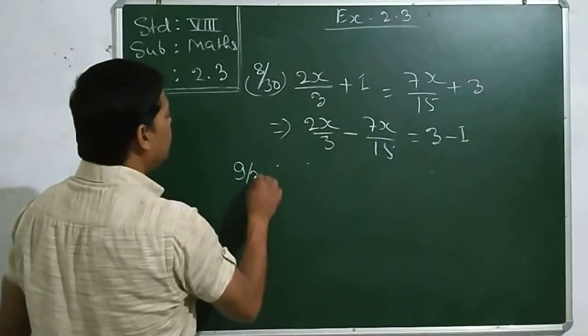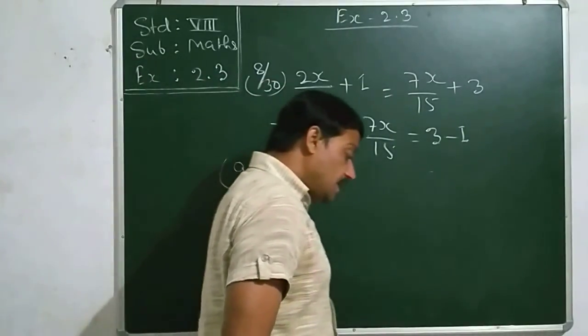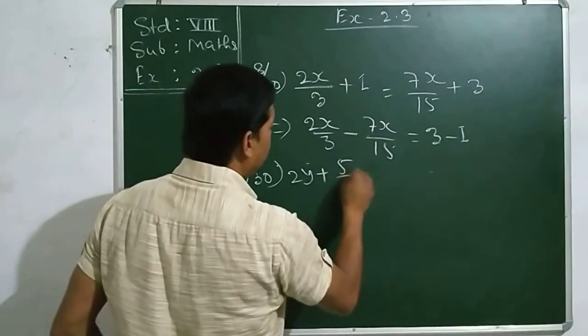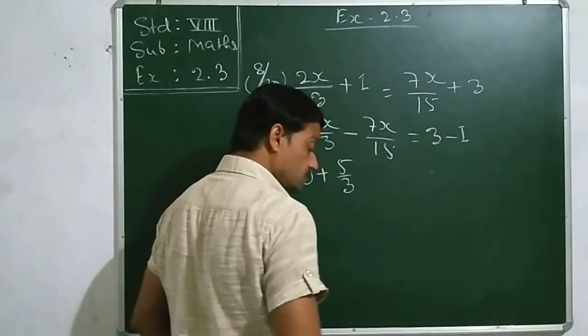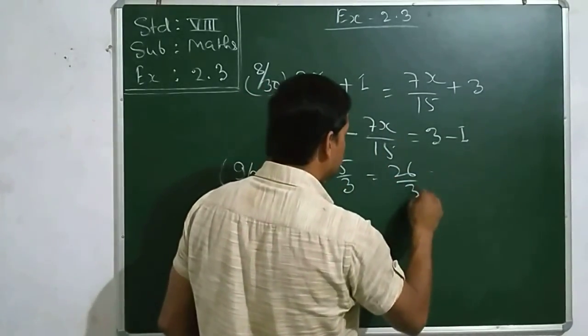And in the 9 number sum, see carefully, the sum is 2y plus 5 by 3 equal to 26 by 3.